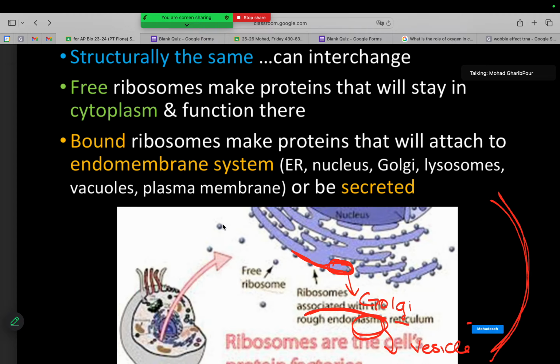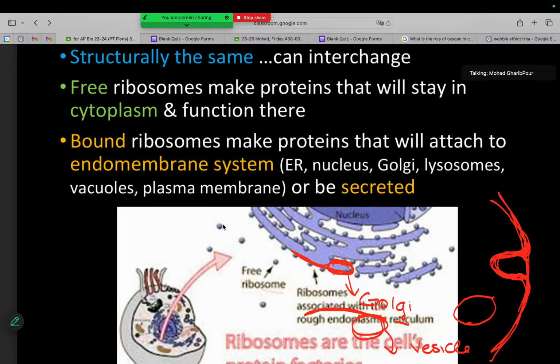It goes as a vesicle and then attaches itself like that, and then kind of opens up, integrates into the membrane.